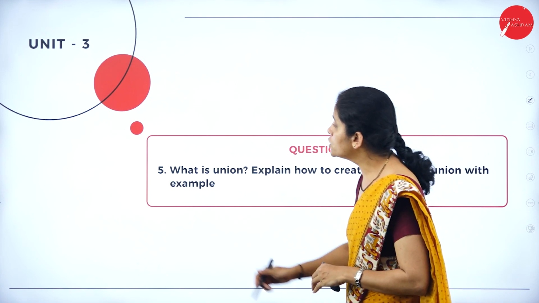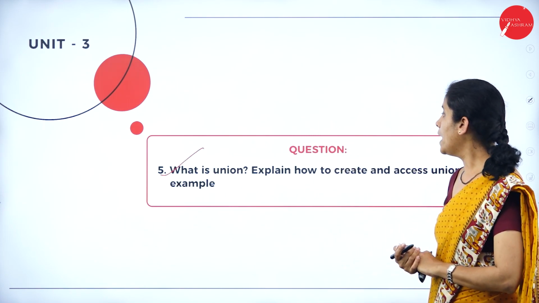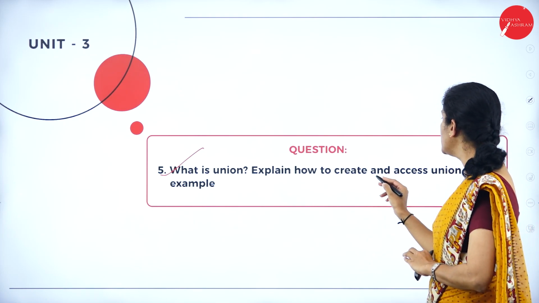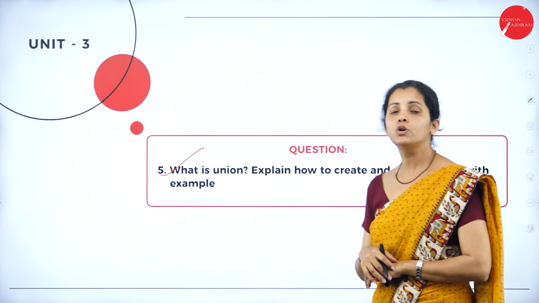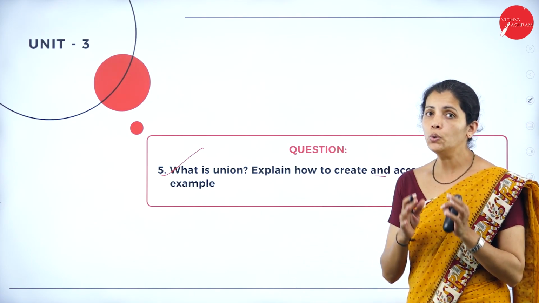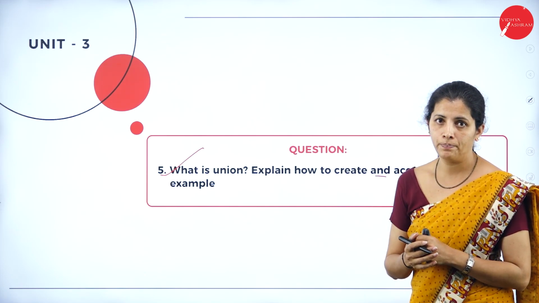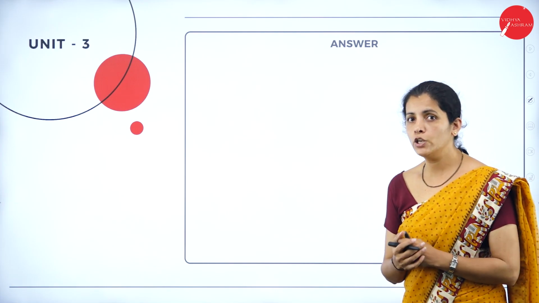The last question here is: what is a union? And explain how to create and access a union with an example. So, unions are also an example of a user-defined data type. Okay, then what is the difference between structure and union?